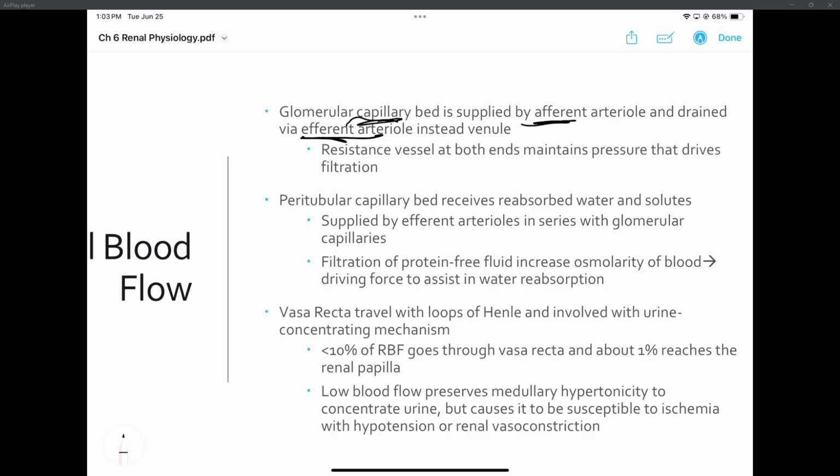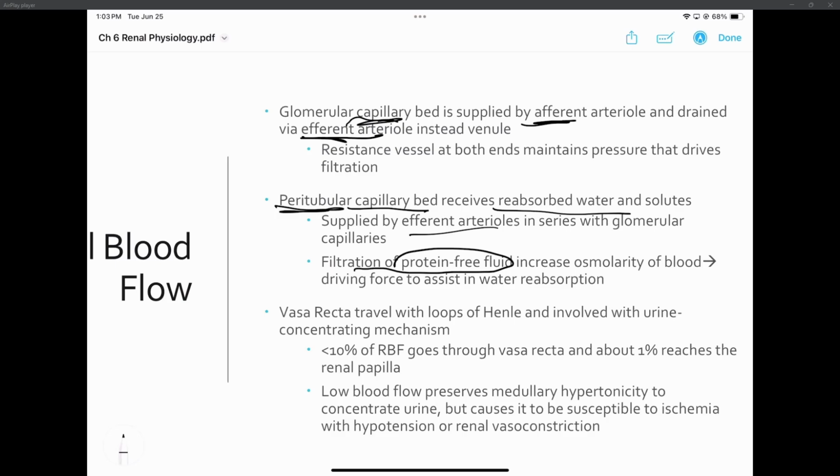We have a peritubular capillary bed. Peritubular, these are the ones that, remember I told you in the beginning slide, the picture, the vasa recta, the blood supply that surrounds the entire nephron, these are these peritubular capillaries. That's where reabsorbed solutes and water go. Has efferent arterioles there. Filtration of protein-free fluid.